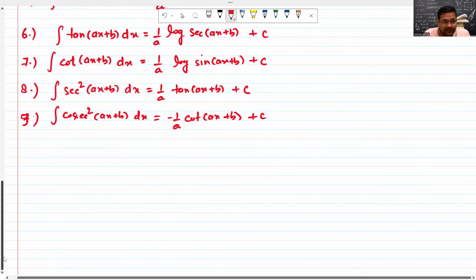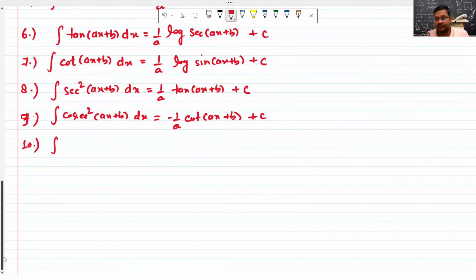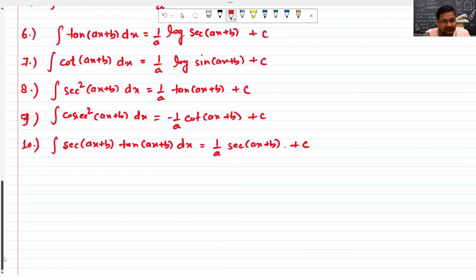And then the 10th formula. I'm writing all the formulas, which are also written in your textbook. If you have the textbook, you can also go through that. So the integration of sec of (ax plus b) tan (ax plus b) dx is just equal to 1 upon a sec of (ax plus b) plus some constant c.